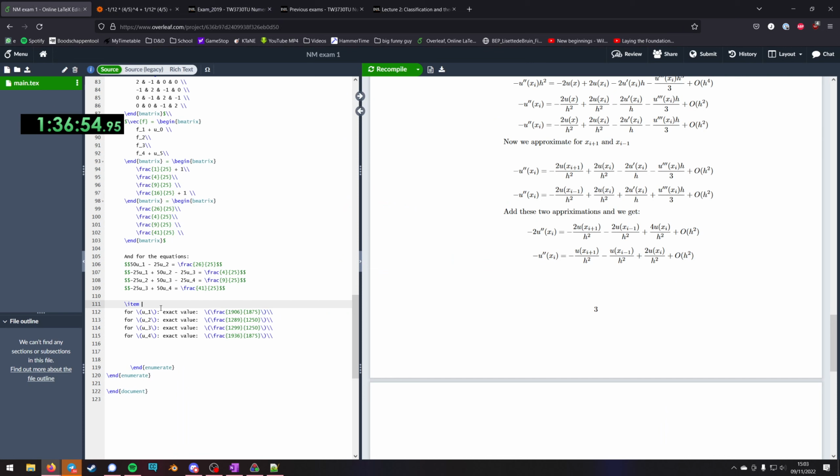And it also says all grid points, so for u0, the exact value is 1. And for u5, the exact value is 1.